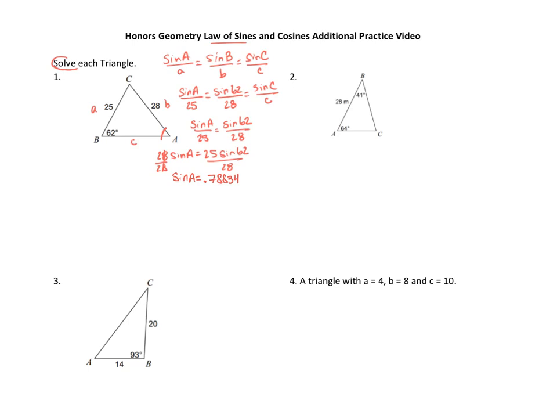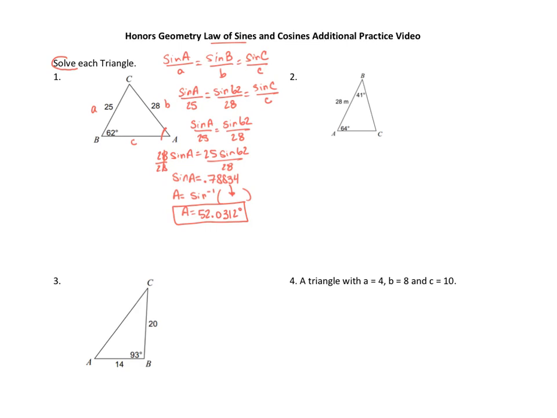So now to solve this, A will be the inverse sine of that answer. So on my calculator, I'll take the inverse sine of 0.77834, and I will get A as being 52.0312 degrees.